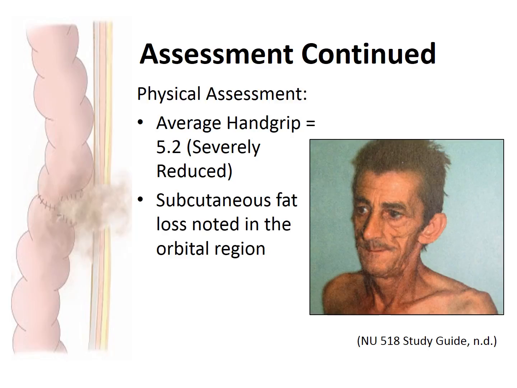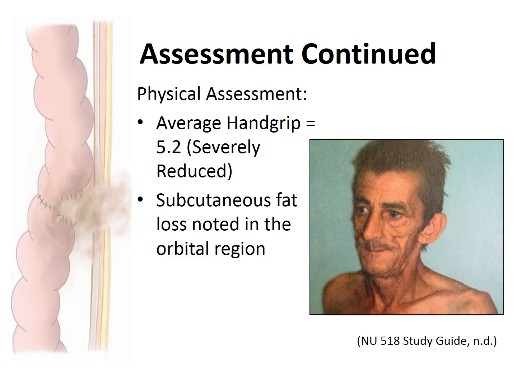A physical assessment was also completed with this patient. So the hand grip test was used, as well as just simply noting any abnormalities in the physical signs that were presented.